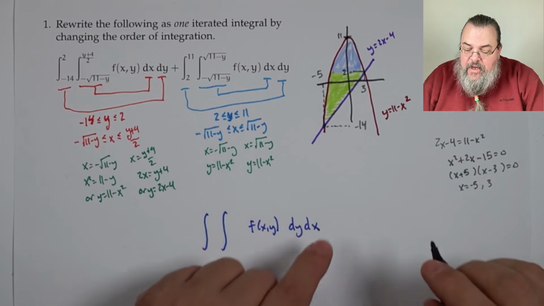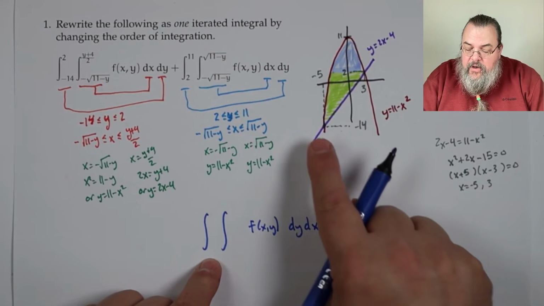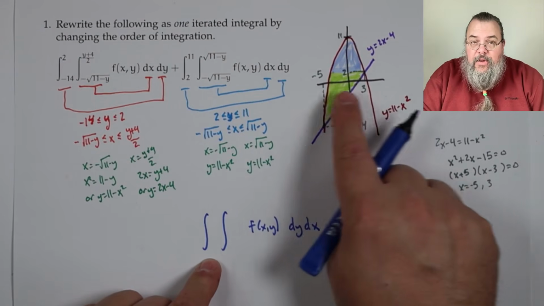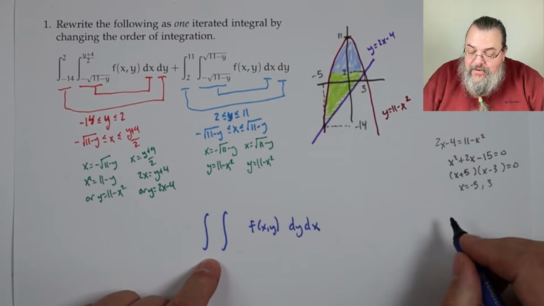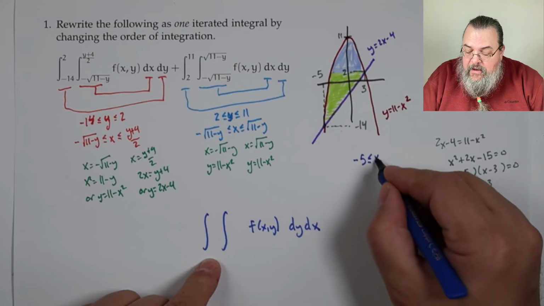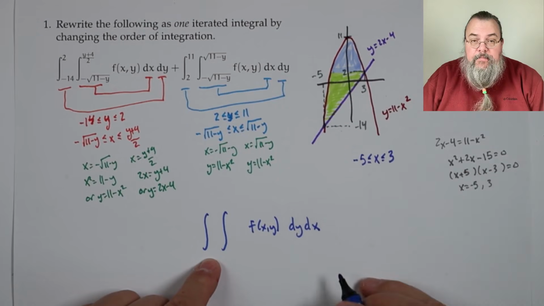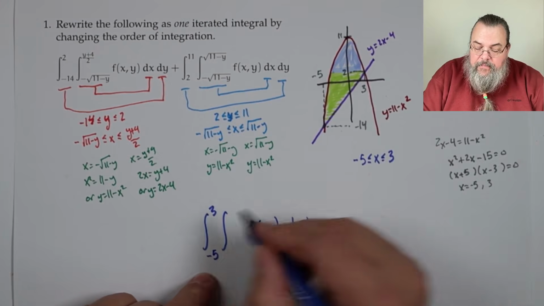Let's talk about what's going on. We'll start with the outer layer. Where does x run between? Low value of x to high value of x. The answer is we start at -5 and we go to +3. So that's -5 to 3.